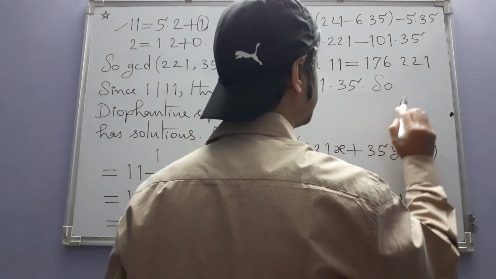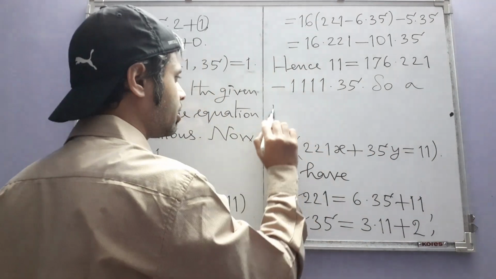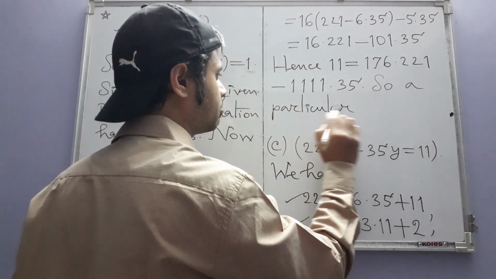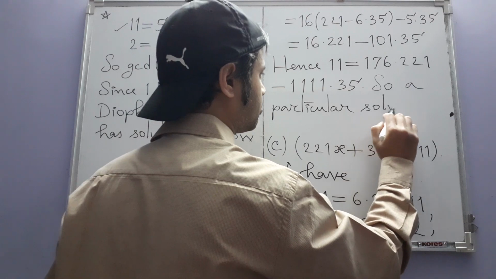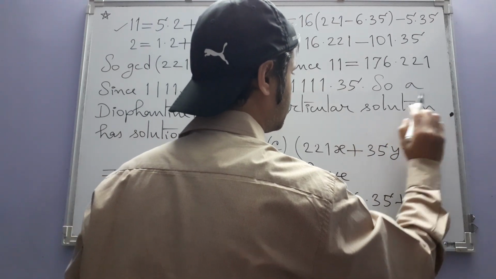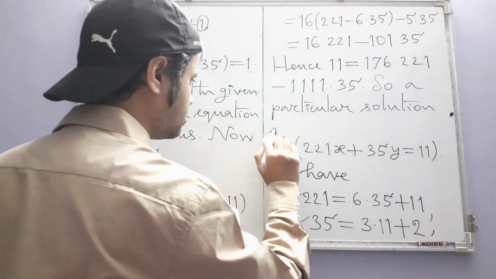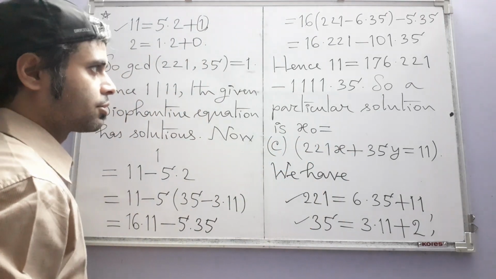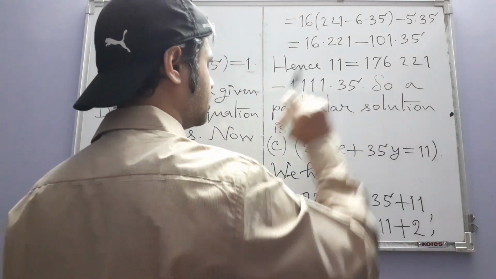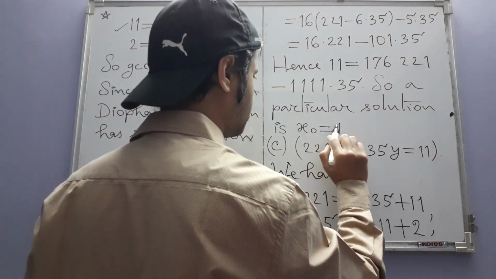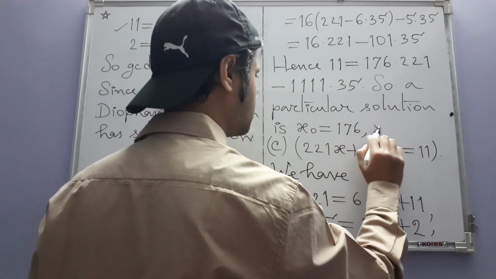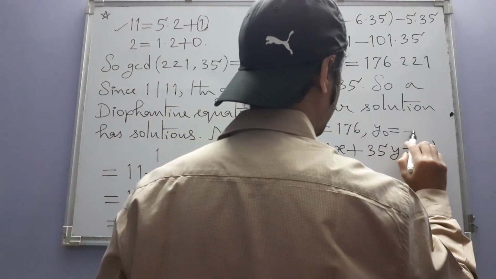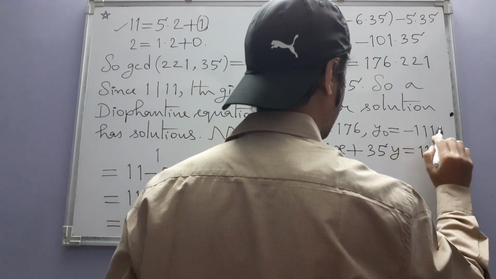So a particular solution to our Diophantine equation is x naught, the one that is there with 221, that means 176, and y naught, the coefficient of 35, minus 1111.